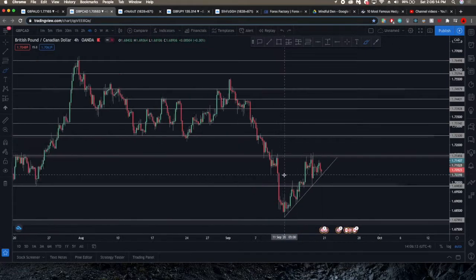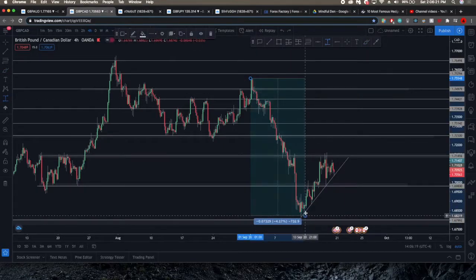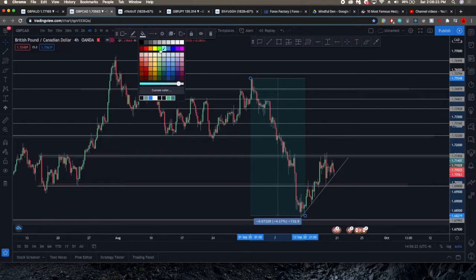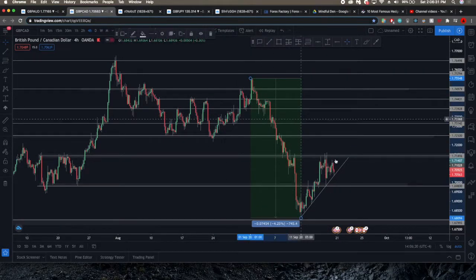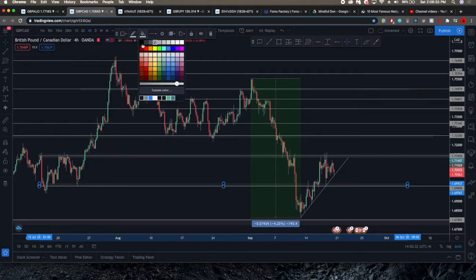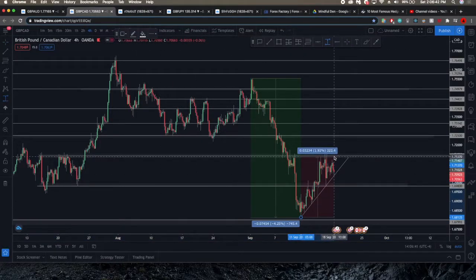So right now we're in a phase of, see, this was our move down, right? This is our move down, and that was just one side of volatility. And now you can see that we're in a period of consolidation, right?